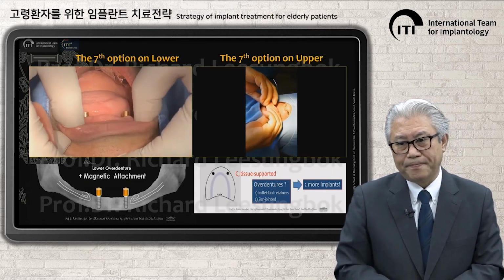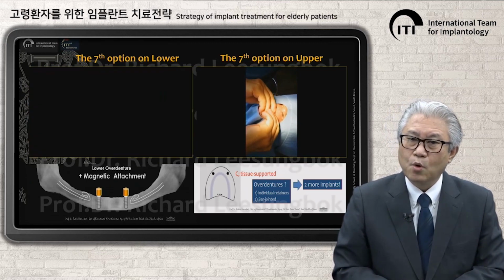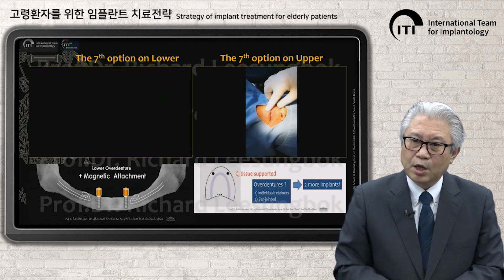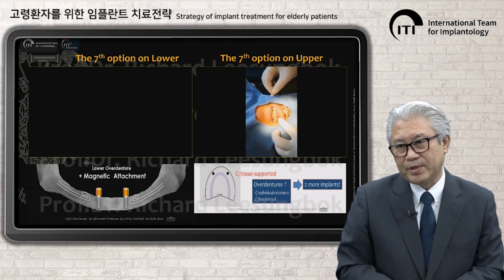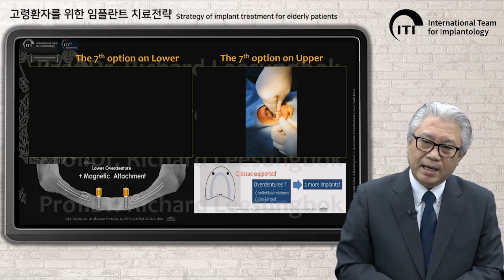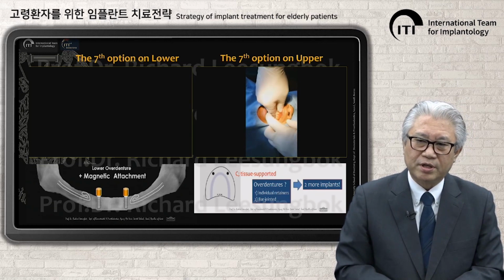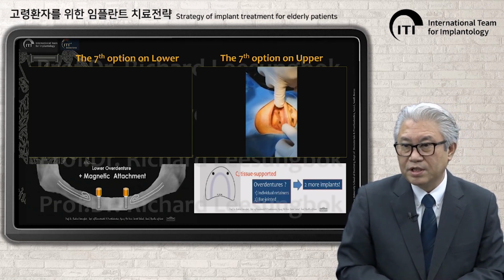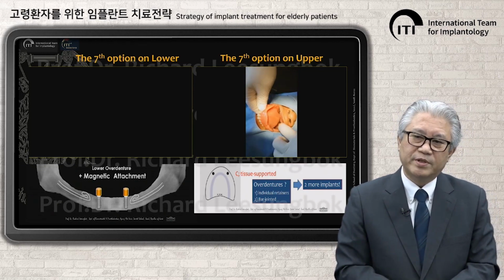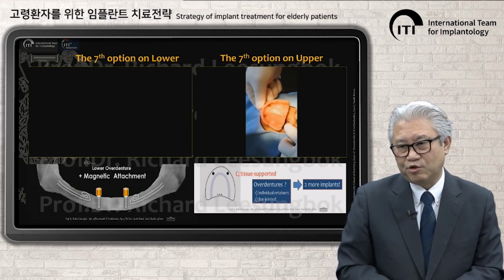I will show you the clinical practice of the last 7th option, which became an issue among the number of implants and the prosthetic options described earlier. The left side is the case of the lower jaw, and the right side is for the upper.